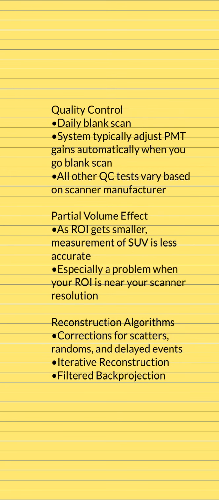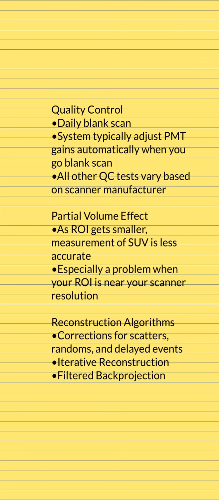So the last few topics you guys wanted me to cover include quality control or QC, the partial volume effect, and then reconstruction. So for quality control, the main thing you need to understand is why we do QC in PET. There's so much hardware and software in PET.